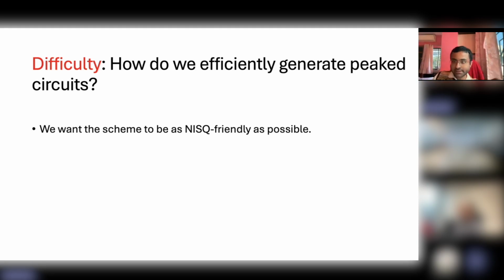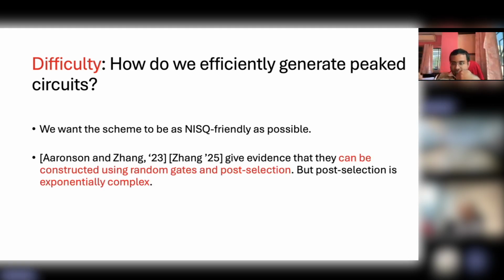The entire point of quantum advantage, as I was pointing to in the beginning, is to do something non-trivial with quantum computers, but do it in the near term with the hardware that we already have. And the hardware that we have cannot run Shor's circuit. So how can we generate NISQ-friendly peaked circuits?